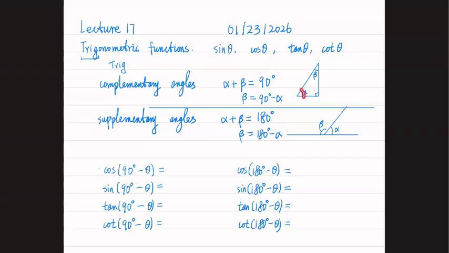Supplementary would be negative cosine. Okay, so you know this one is correct. Cosine theta. But for complementary, you can see cosine alpha corresponds to sine beta. Complementary angles, they switch sine and cosine.